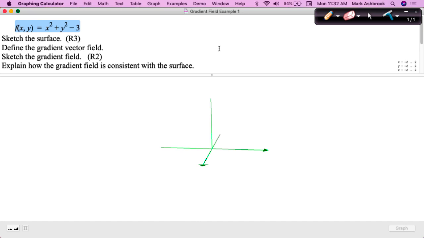So sketch the surface, sketch the gradient field, and then explain how those two things are consistent. We've got the gradient field. Sketch the gradient field in R2 and explain how the gradient field is consistent with the surface.